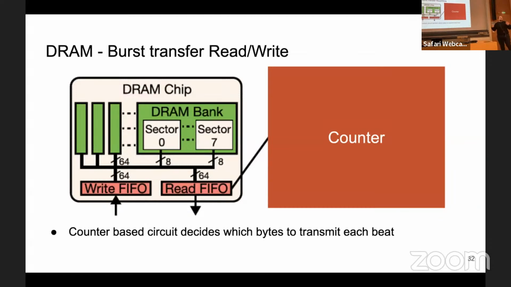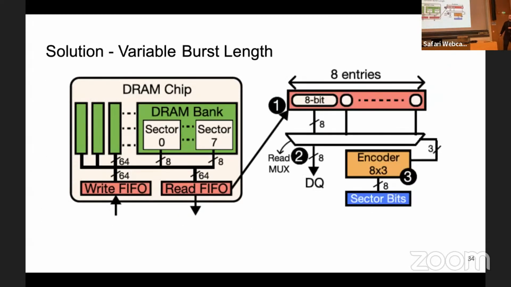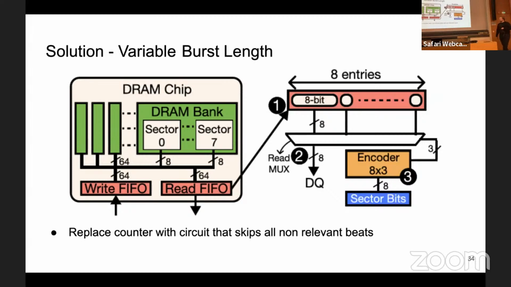And the paper now tries to leverage this system to, once again, reduce inefficiencies via a process that's called variable burst length. So what we do is we replace the counter with a circuit that takes as input the sector bits that decide which sectors we want to read or write from, the same way it works in the pre-charge command.